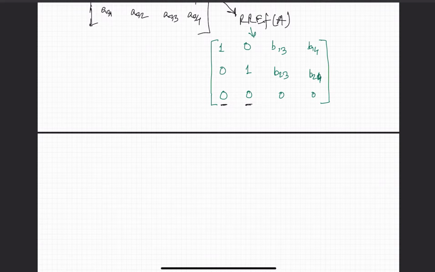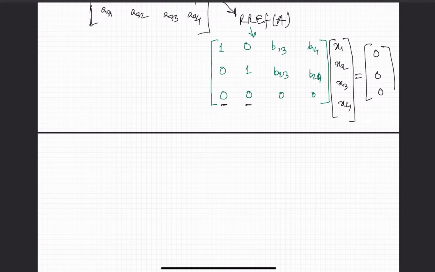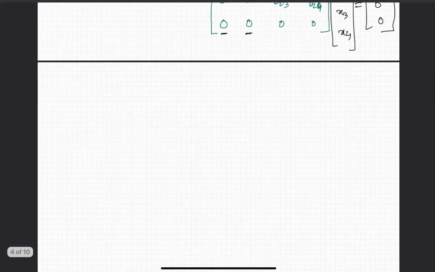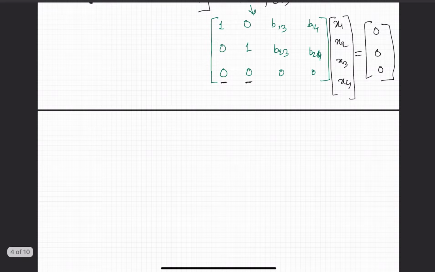But actually we can see that these are not linearly independent of each other, and we will see it from this example. So the equation would be, there are four variables.